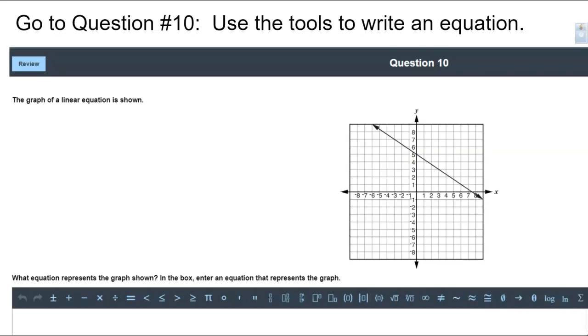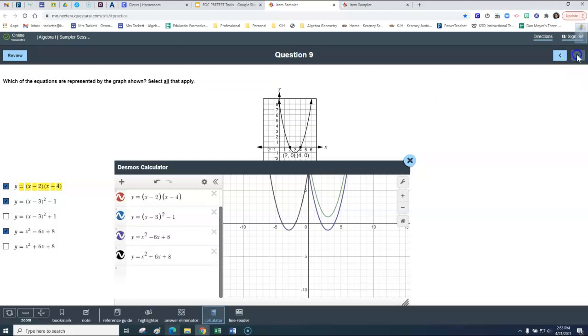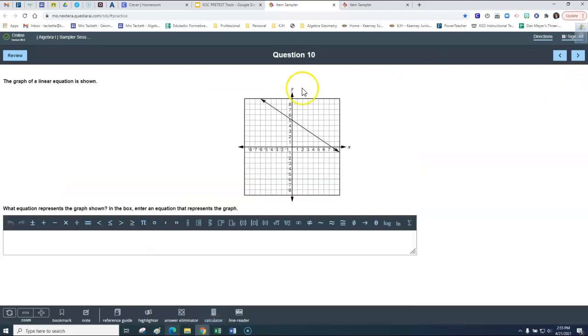And it says use the tools to write an equation. So these are the tools down here. So let's go to the next one and look at these tools.